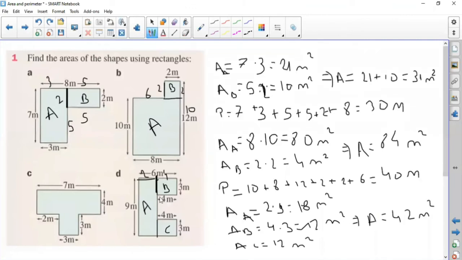Now for the perimeter: it's 6 plus 2 plus 9 plus 3 plus 4 plus 3 plus 4. Be careful. This one is 6, which means this side is 6. This one is 3, this one is 3. I have to find this remaining part. Let me clean the figure.